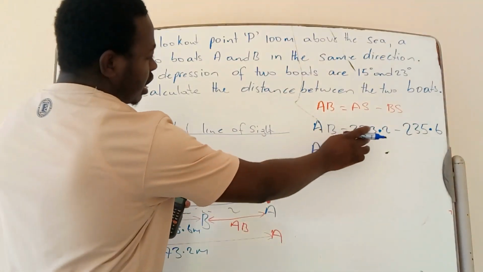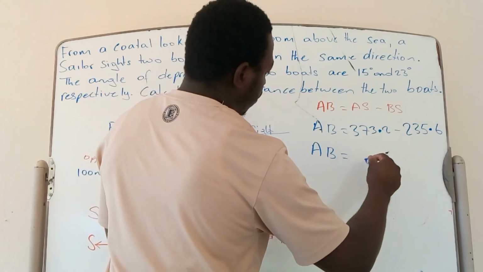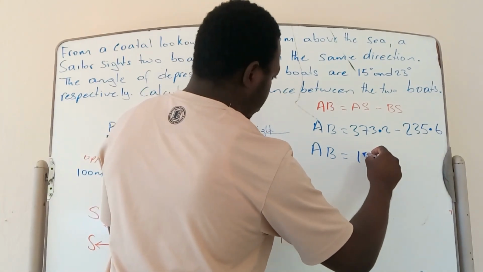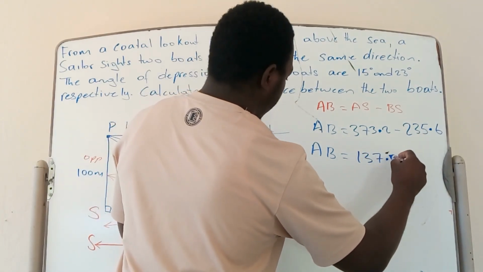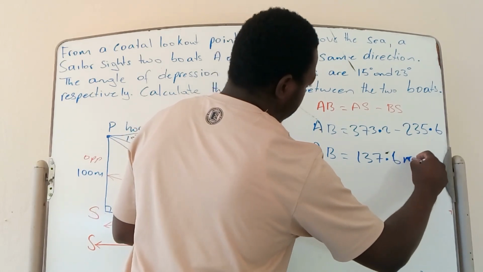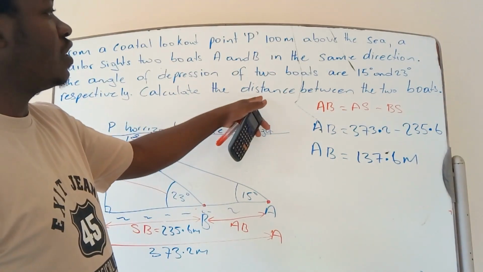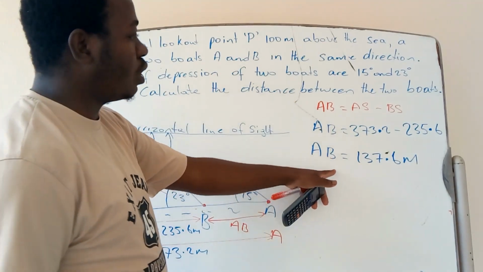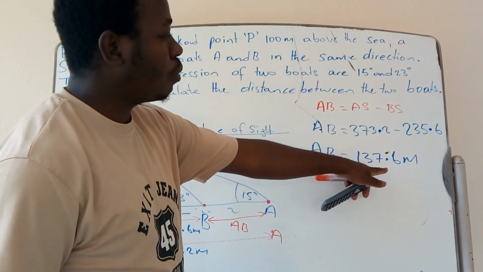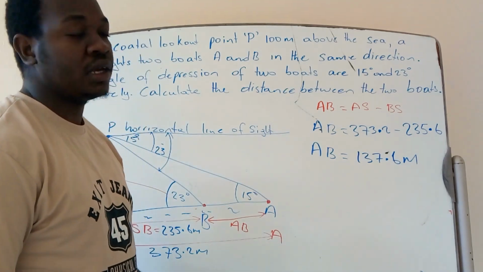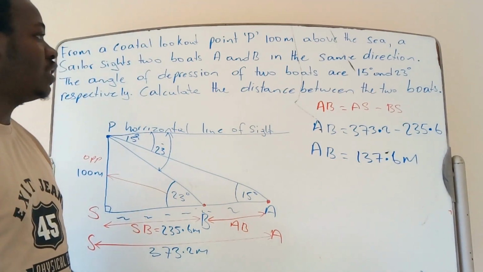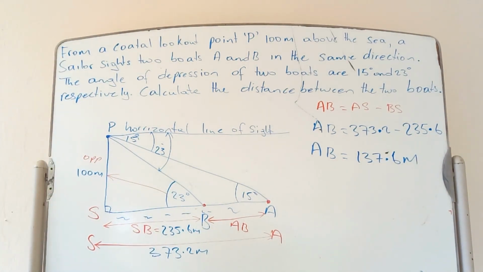If you put this on your calculator, you will get an answer of 137.6 meters. Therefore, the distance between the two boats is equal to 137.6 meters. Alright, so let's look at another worded problem.